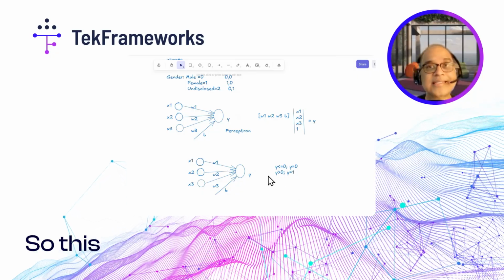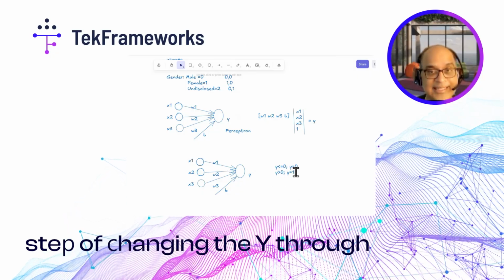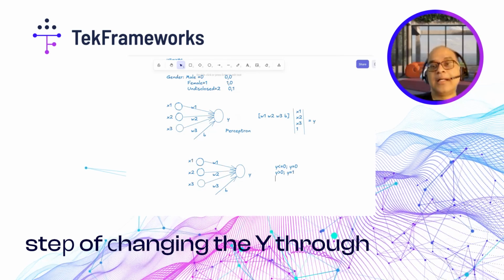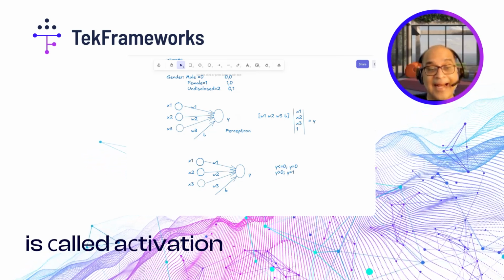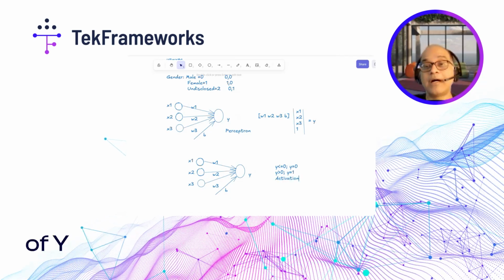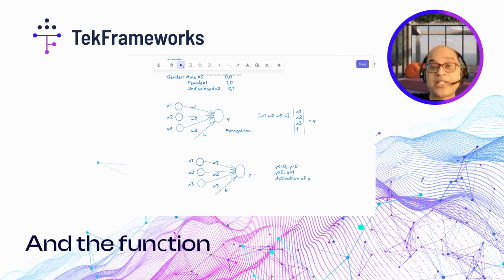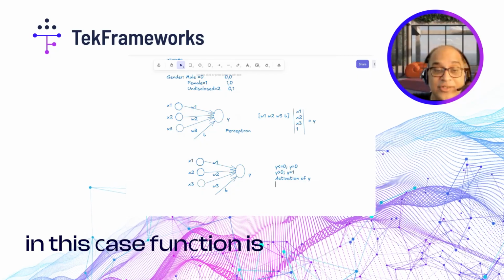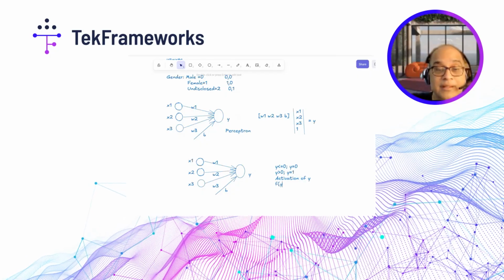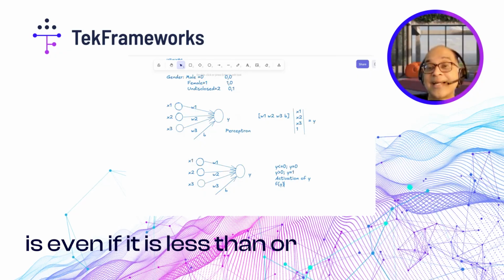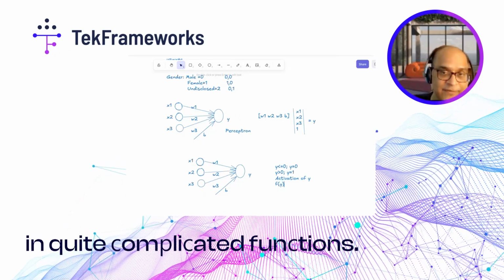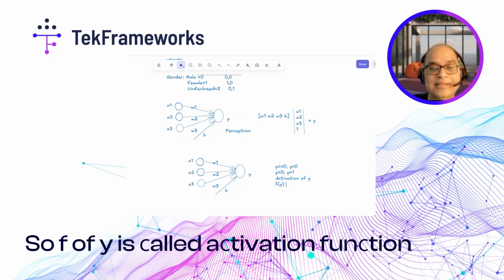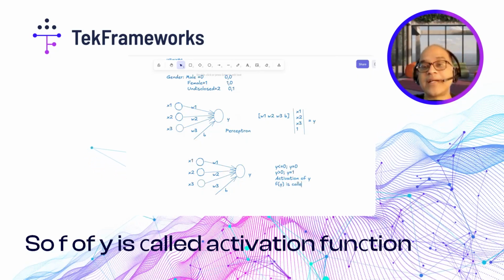So this step of changing the y through another function is called activation of y. This is a very simple function. It can be more complicated functions. So f of y is called the activation function.